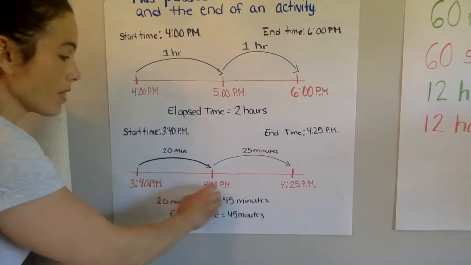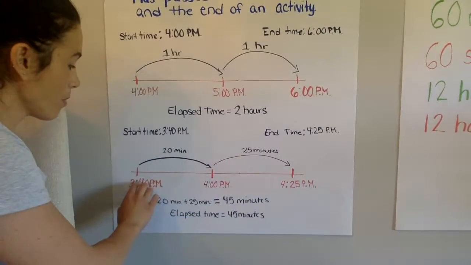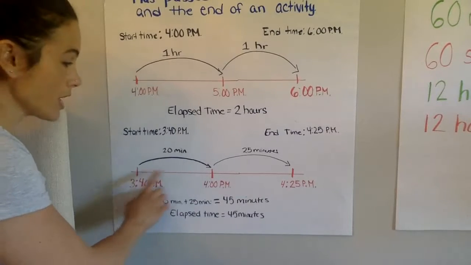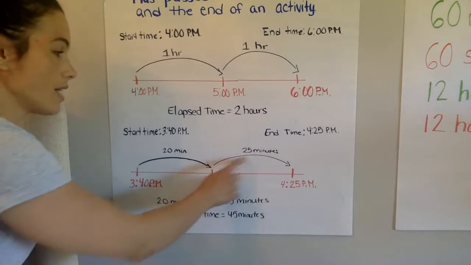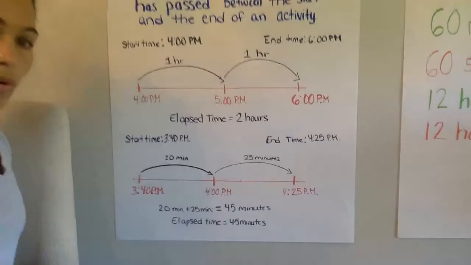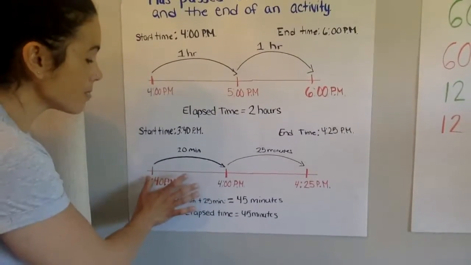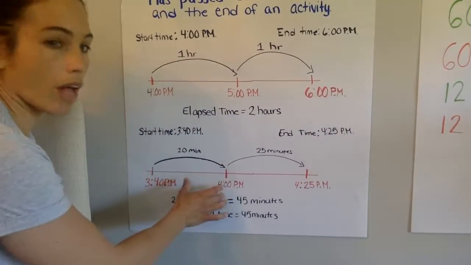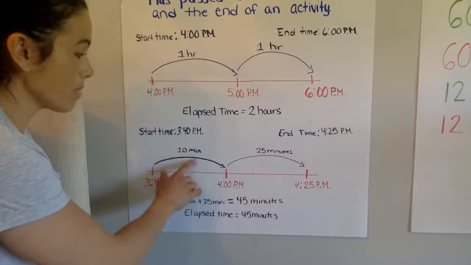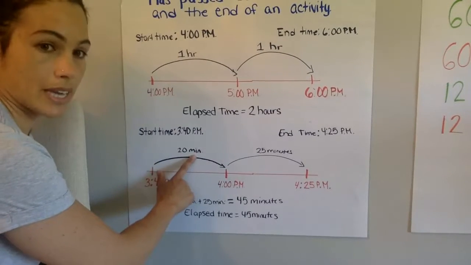Now, always go by the hour in between it. So we know the next hour from 3:40 is 4 o'clock, and then you'll have your end time. So, figure out what that time is between 3:40 and 4 o'clock. So we know it's 20 minutes. So I put 20 minutes here.